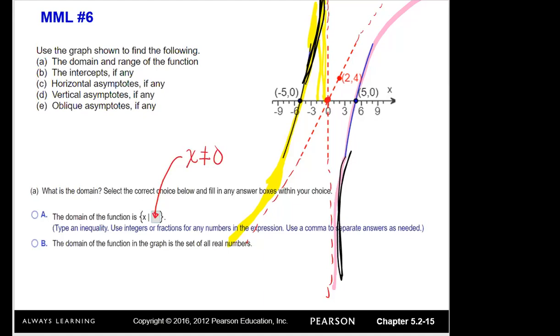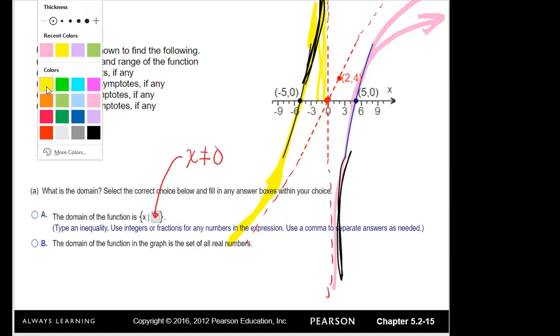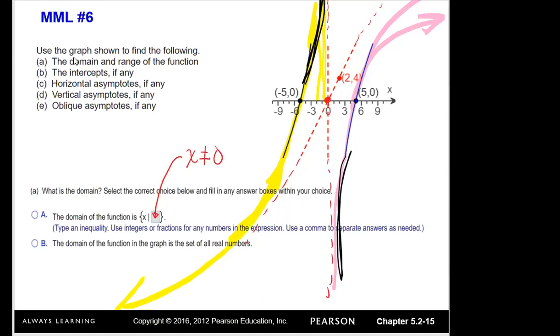And they keep going in both directions. This one keeps going that way to positive infinity, and this one going that way will go to negative infinity. So all other x's are accounted for except for 0 on either side. Let's see, that's the domain.